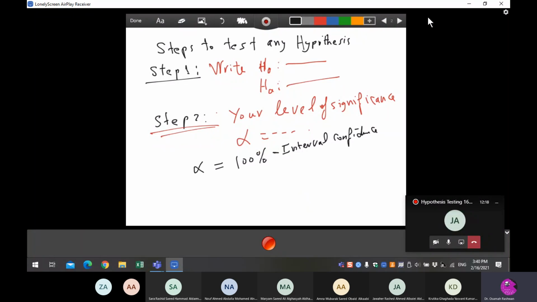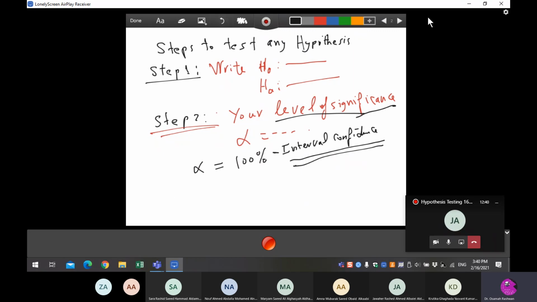This is alpha, so I have to specify my level of significance. You may be given the level of significance or you may be given the confidence interval. If you get either one, you know the alpha.